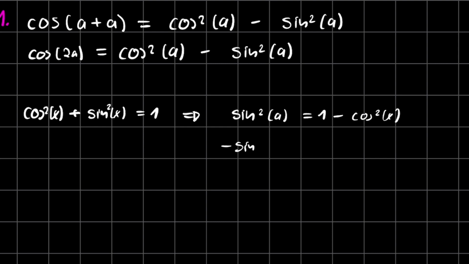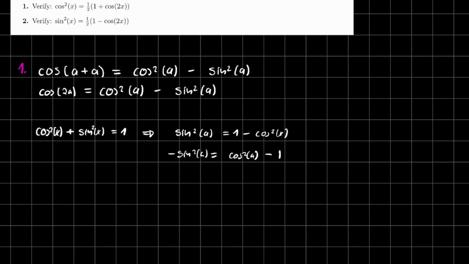However, minus sine squared of A is simply going to be cosine squared of A minus 1, right? So given this, we can input this from here to here.